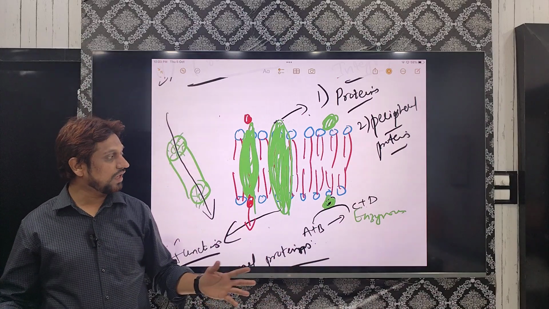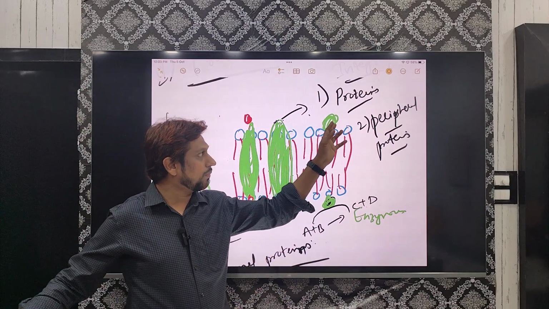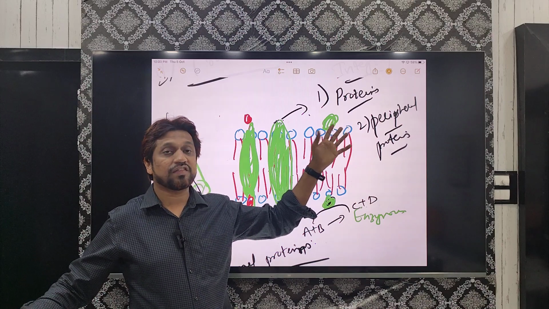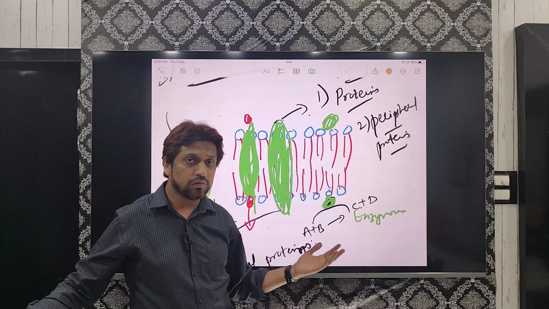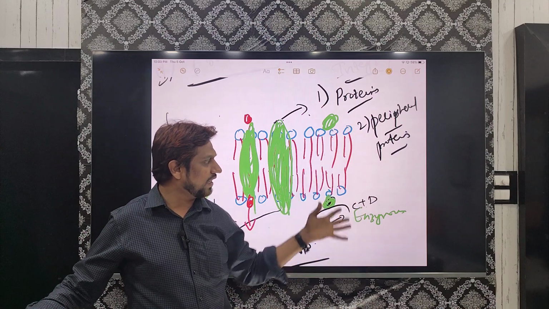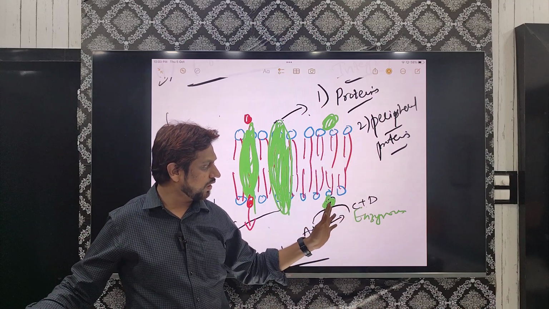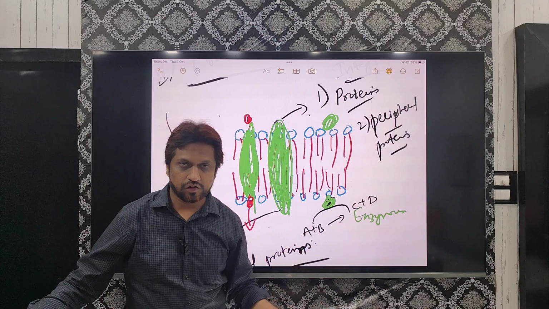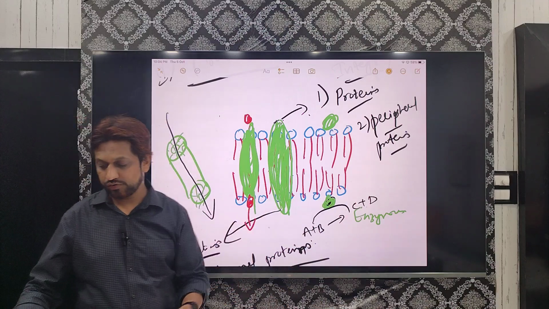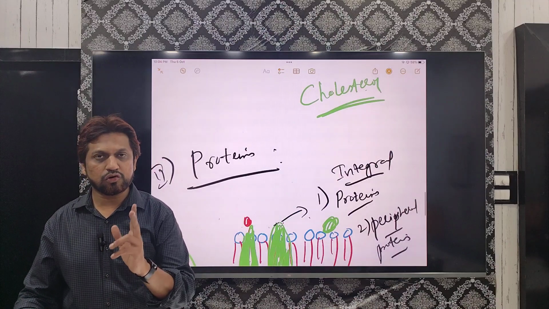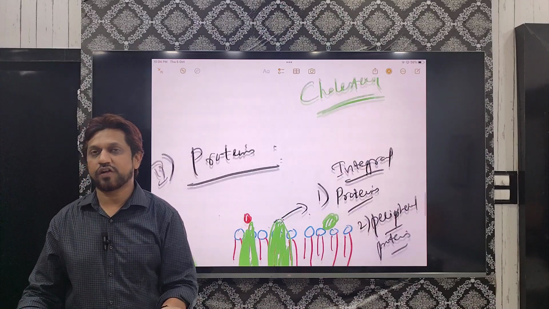Even the outer membrane peripheral proteins act as cell adhesion molecules, and they will anchor the membrane by attaching with the cytoskeleton of the cell. So peripheral proteins have different functions. So these are about the proteins. Mainly there are two types of proteins, integral and peripheral proteins.